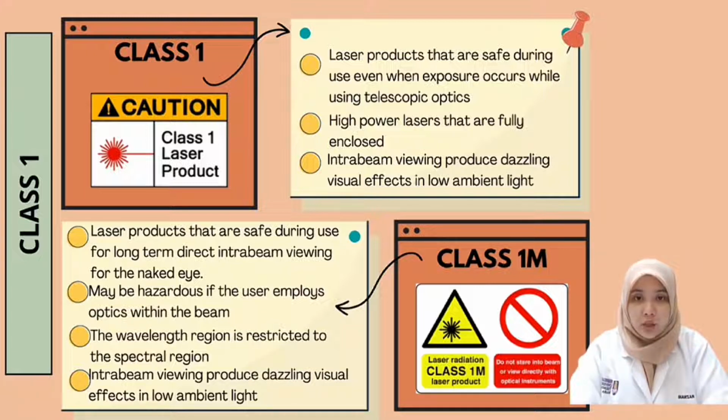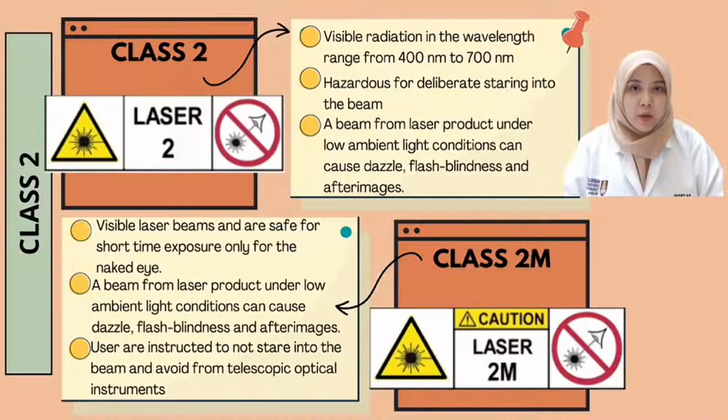The wavelength region for Class 1M lasers is restricted to the spectral region where most glass optical materials used in optical instruments can significantly transmit. Intra-beam viewing of Class 1M laser products which emit visible radiant energy may still produce dazzling visual effects, particularly in low ambient light. Let's take a look at the Class 2.